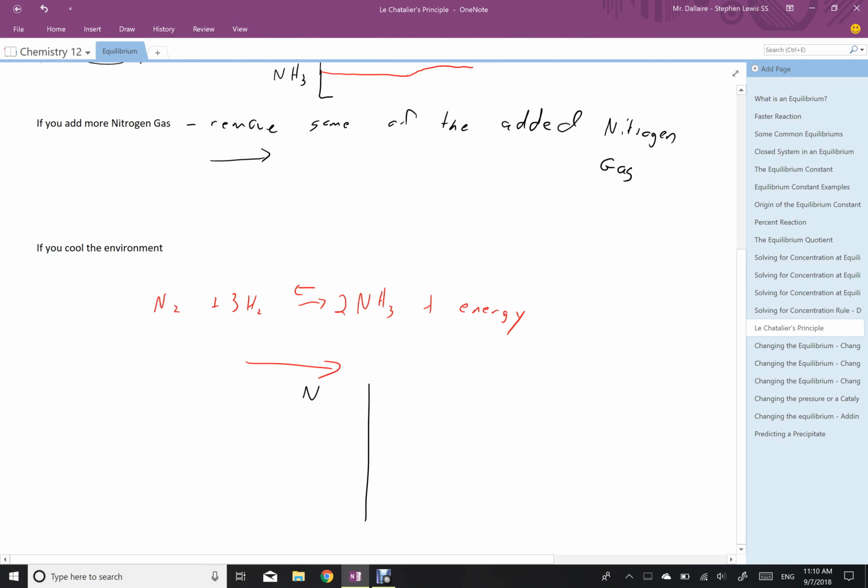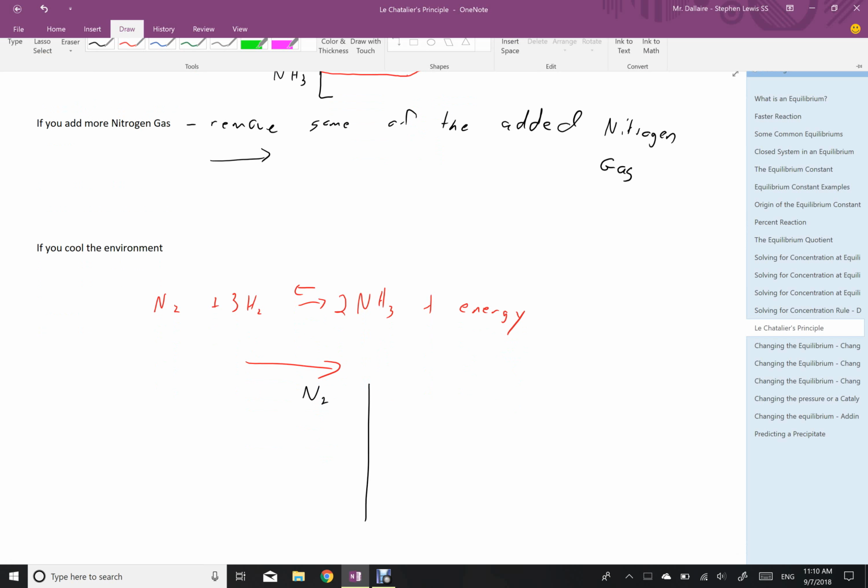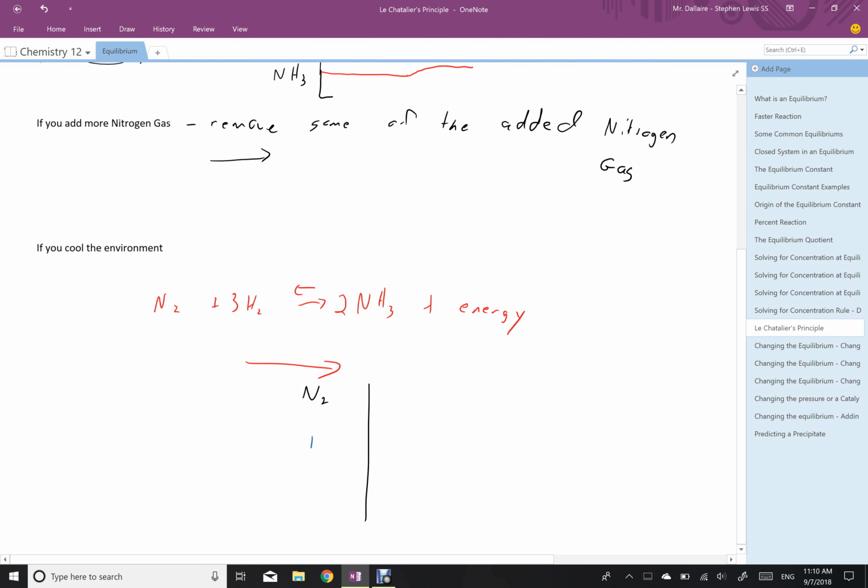So again, I'll make nitrogen black, make hydrogen blue, and ammonia red. So again, I'm starting at an equilibrium situation where all of my populations have become stable. The amount of product being used up is equal to the amount of product that's being created. And then I make it colder. So that means it's colder. Now it wants to produce energy to try and heat it back up and avoid that change.